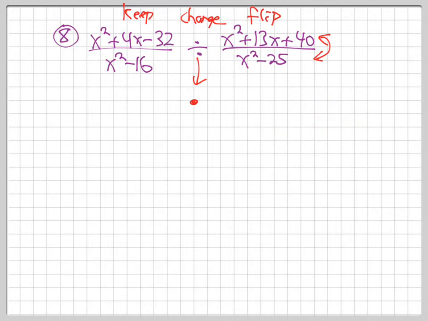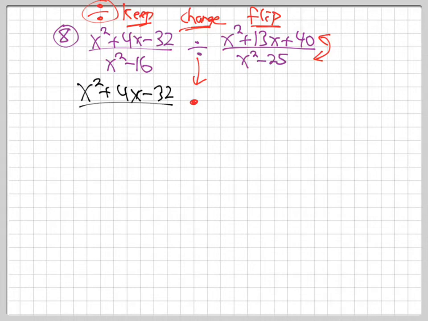So that's why the saying becomes keep, change, flip. For dividing, keep, change, flip, meaning keep the one on the left the same. Keep it exactly the same. No changes at all. You don't flip it, in other words. And you change the middle from divide to times, right? Because it's going to become times.